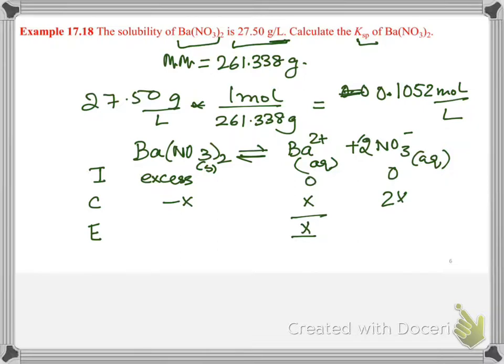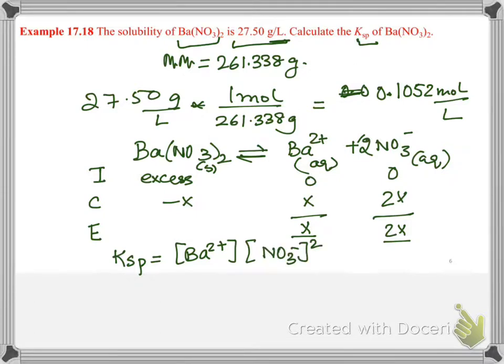Then we have x concentration of barium ions and 2x of the nitrate ions. Next, write down the Ksp expression, which is equal to the concentration of barium ions times the concentration of nitrate ions raised to the power of 2. Then plug in these values: barium ions is x, nitrate is 2x squared, which gives 4x cubed.